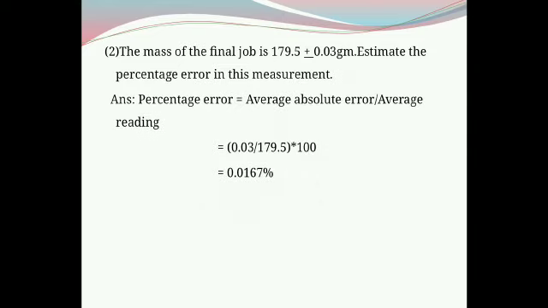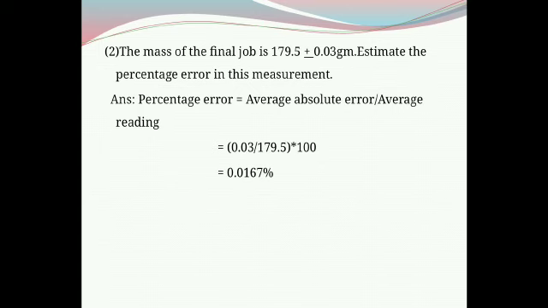Now we solve the second example. The mass of a final job is 179.5 plus or minus 0.03 gram. Estimate the percentage error in this measurement. In this example, the mass is given and there is a value plus or minus 0.03 gram, which is taken as the error in that measurement.